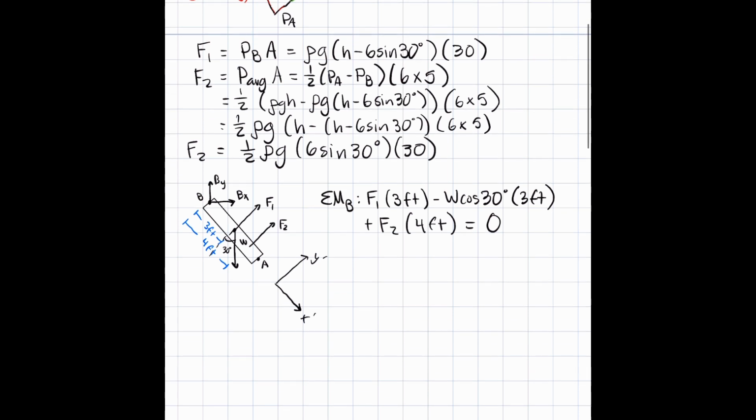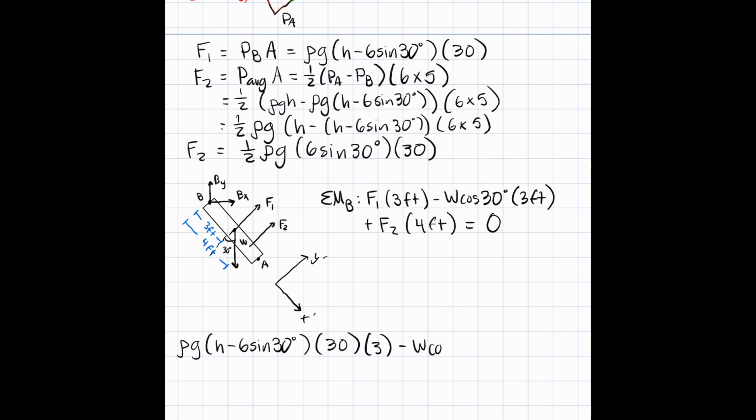All right? So now that we have our moment equation, we can go ahead and plug in our force values and start solving the problem. So I'm going to go ahead and copy them from up here. We have our force 1 times 3 now because it's in the moment. And again, I'm going to drop the units because everything is currently already in feet.